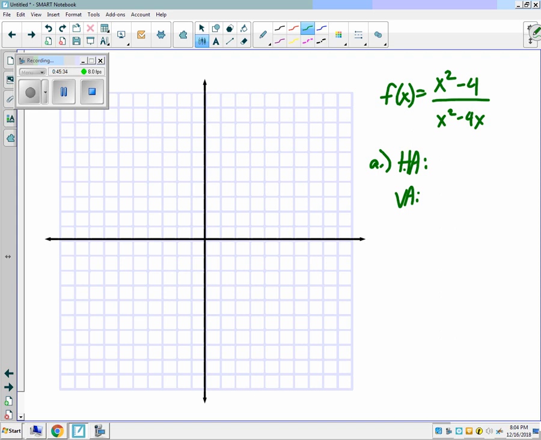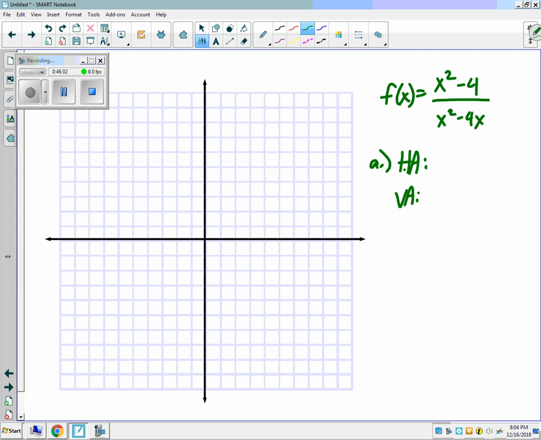This is number 14. HA. How do I find the HA? Top or bottom? That's a good question. Remember, the HA is a competition between the top and the bottom as to who has the higher degree.